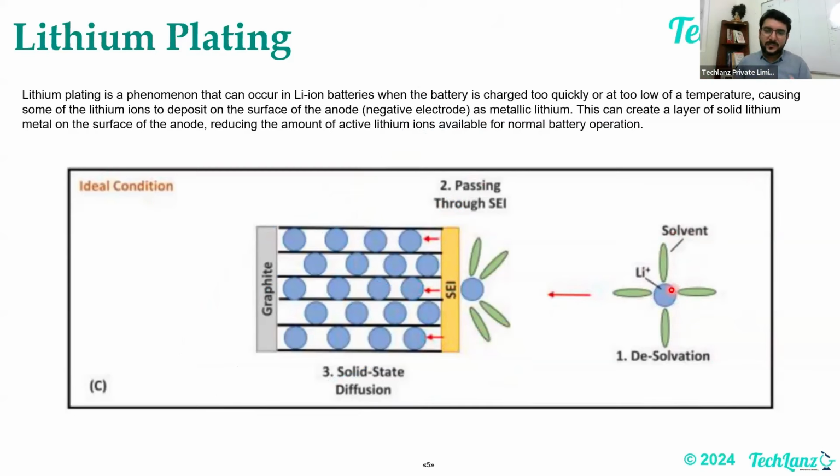The solvent shell gets removed by this SEI layer and pure lithium ions intercalate. Intercalation is the mechanism by which the lithium ions travel into the graphite electrode, right? So this is called intercalation of the ions. In this process, the lithium ion is removed from the solvent shell and passes through it. So this is called solid state diffusion.